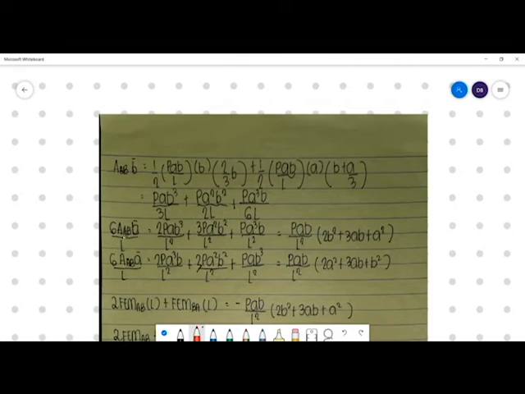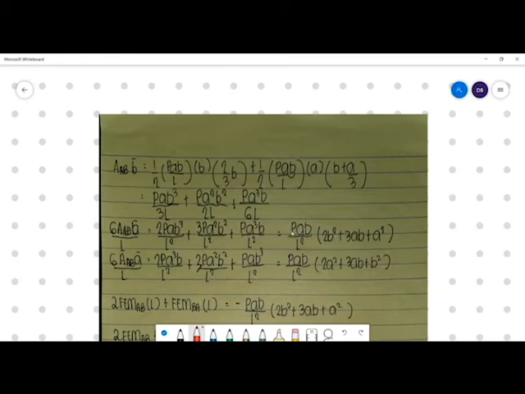And then if we multiply each by 6 over L, we have area AB times centroid with respect to A, and area AB multiplied by centroid B. If we multiply each by 6 over L, it will result into 2PAB cubed over L squared plus 3PA squared B squared over L squared plus PA cubed B over L squared.